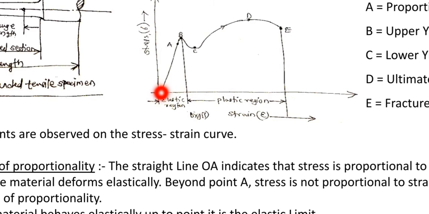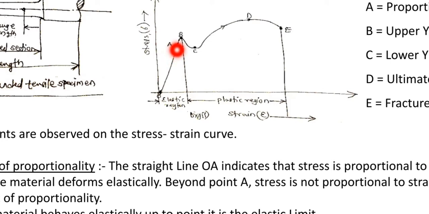Stress is considered along the y-axis, denoted by sigma, and strain is considered along the x-axis, denoted by epsilon. When the force is 0, this is the first point O. When the force is applied up to point A, stress is directly proportional to strain, that is Hooke's law is obeyed, and this is known as the proportionality limit.